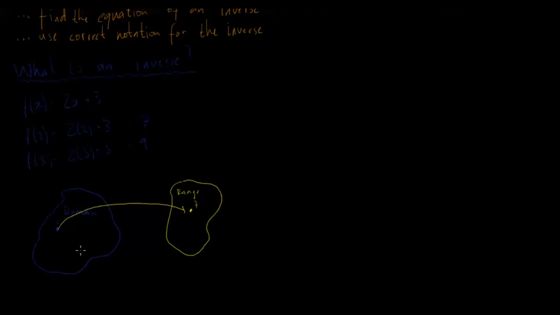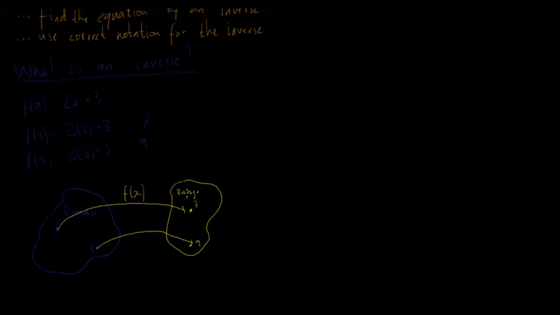Similarly, we've taken the number 3 and mapped that over to 9 over here. And in doing this mapping, we've used the function f of x to get there. We've used f of x to go from 2 across to 7.